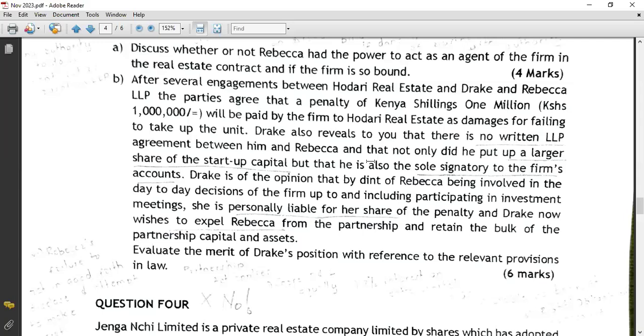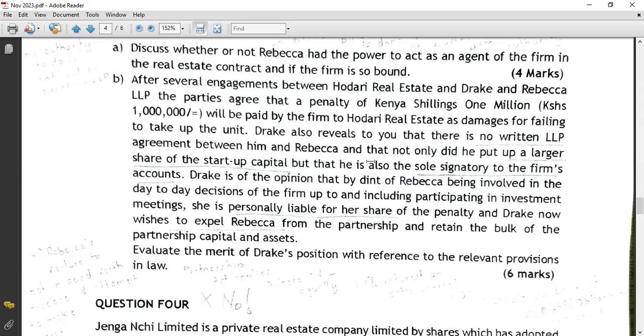Drake is of the opinion that by dint of Rebecca being involved in day-to-day decisions of the firm, up to and including participating in the investment, she's personally liable for her share of the penalty. And Drake now wishes to expel Rebecca from the partnership and retain the bulk of the partnership capital and assets. So evaluate the merits of Drake's position with reference to relevant provisions in law.